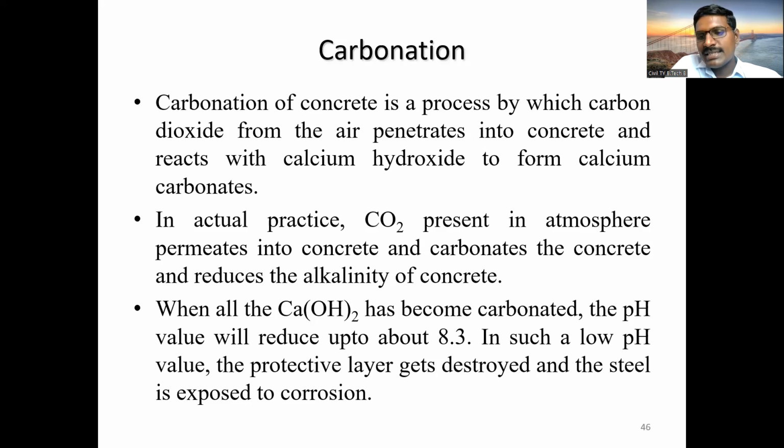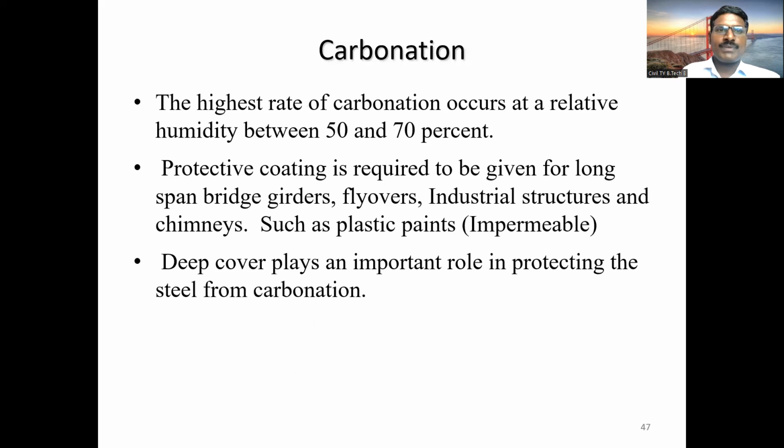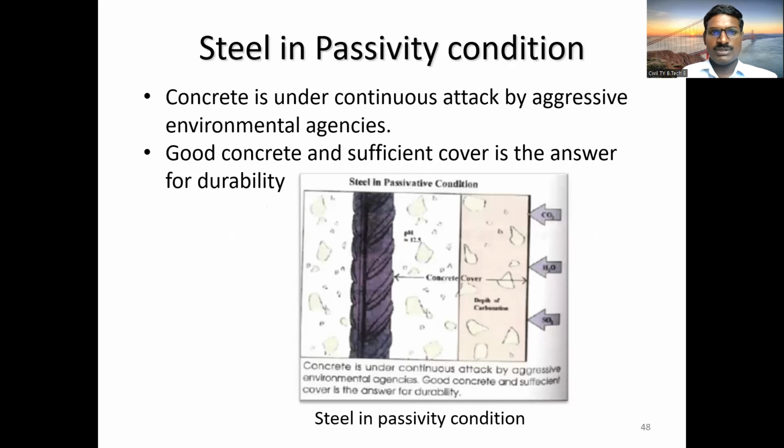In such a case, with the low pH value, the protective layer gets destroyed and the steel is exposed to corrosion. The highest rate of carbonation occurs at relative humidity between 50 to 70%, and a protective coating is required for long span bridges, girders, flyovers, industrial structures and chimneys also. So the deep cover plays an important role in protecting the steel from carbonation.